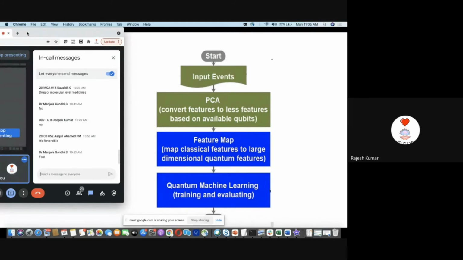This flowchart shows what we do: when we give the data, how we are approaching the machine learning. Now what is green here? What is blue here?